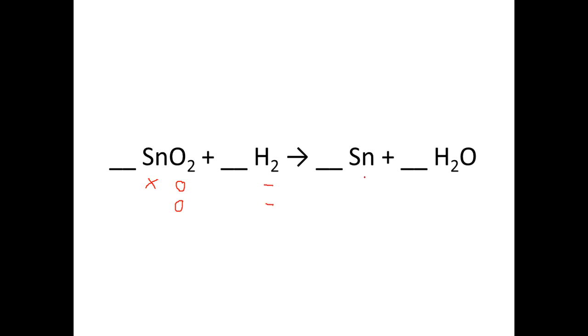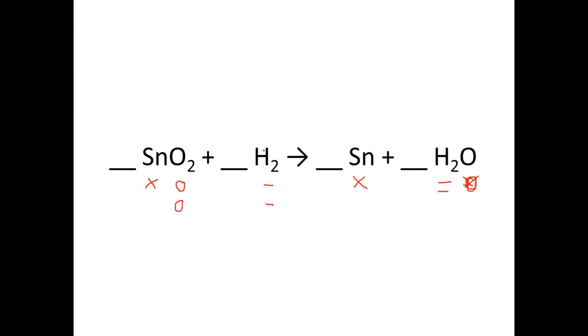And over here, I've got another 1 tin, 2 hydrogens, and then 1 oxygen. I made it an O on the other side, so I might as well keep it consistent. Now I've got all my atoms counted, but I see that it's not even on both sides. I have 2 oxygens here, 1 oxygen there, 2 hydrogens, 2 hydrogens. That's good. 1 tin, 1 tin.